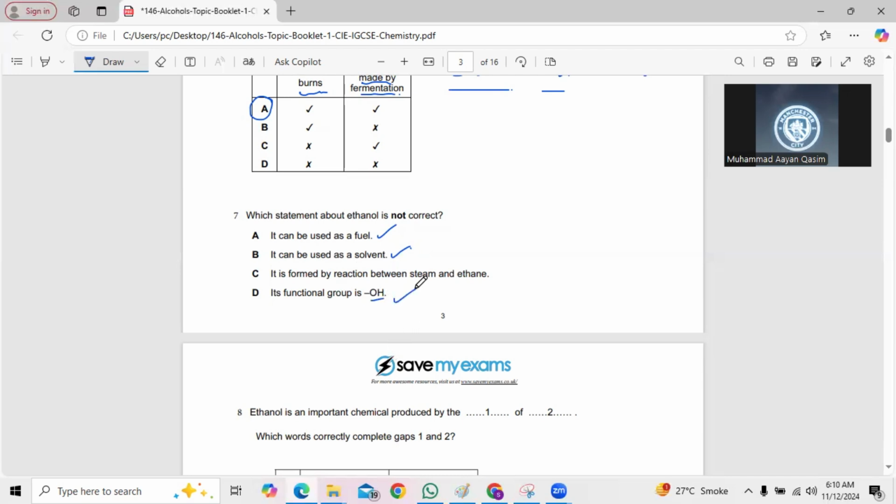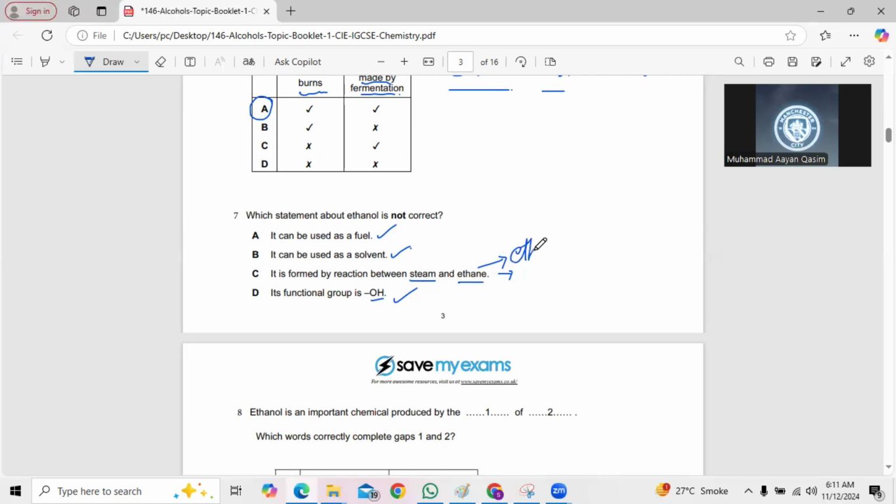It is formed by reaction between steam and ethane. What is the problem in this statement? We use steam, but ethane, no. Then what would it be? It will be ethene.